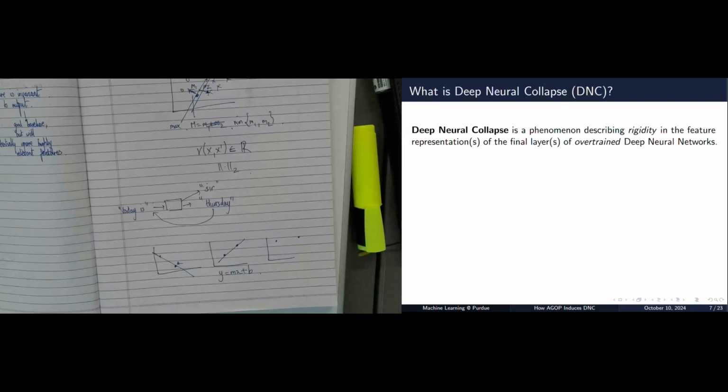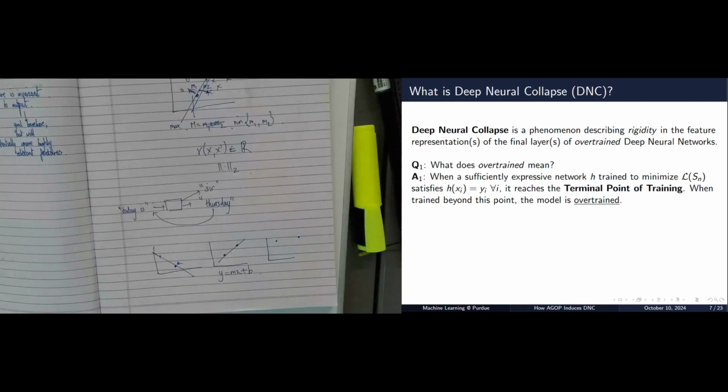What these researchers found was that there is an incredible degree of rigidity in the feature representations of the final layers of deep neural networks if you train them beyond a certain point.